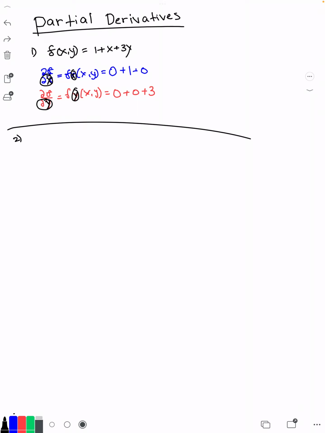Problem number 2. F of x, y equals xy plus x squared multiplied by e to the power of y. Alright, so now we're going to derive based on x.